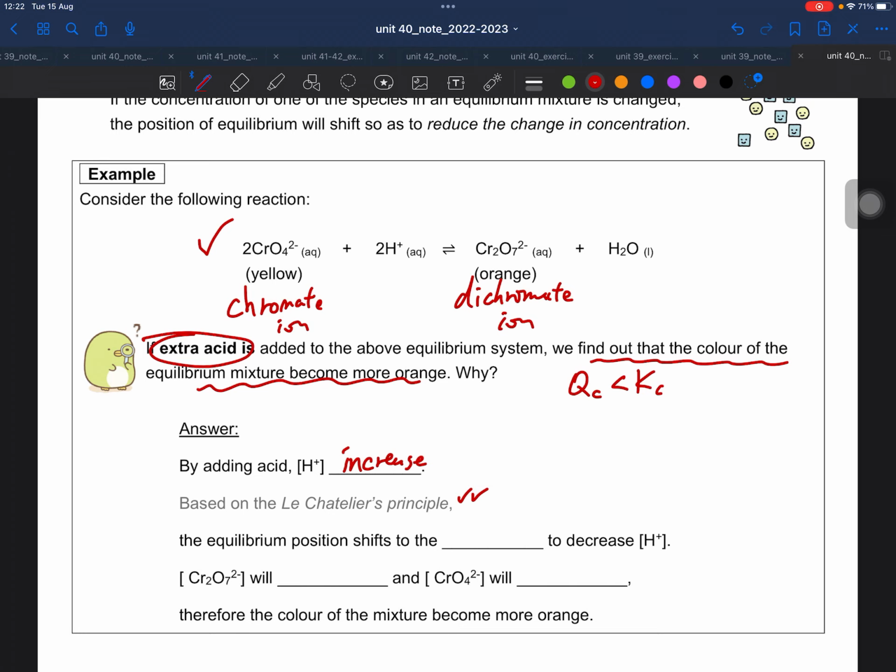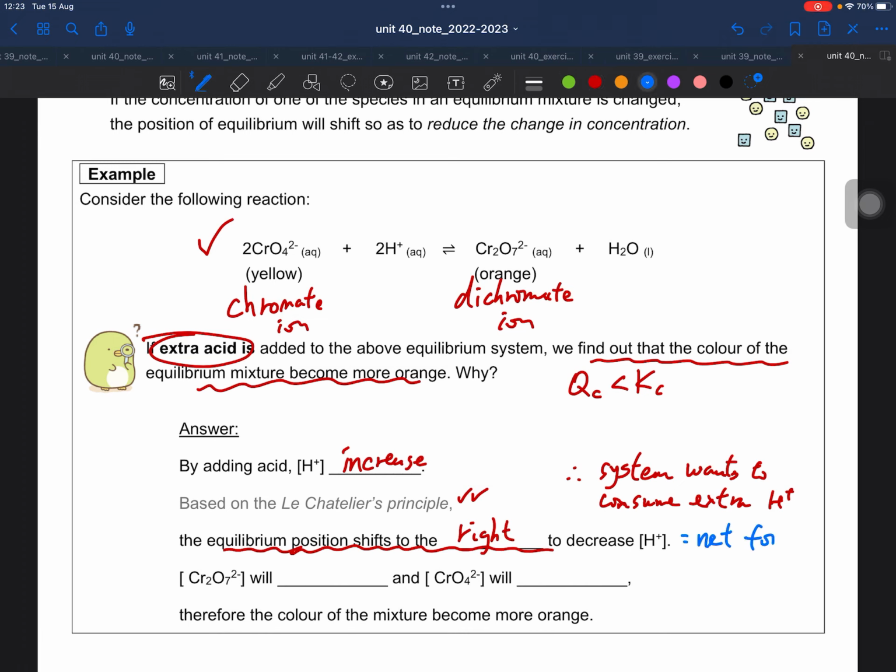So according to Le Chatelier's principle, I don't want any change. So I should do something to consume extra acid, right? The system wants to consume extra acid. So what I should do is shift the equilibrium position to the right.